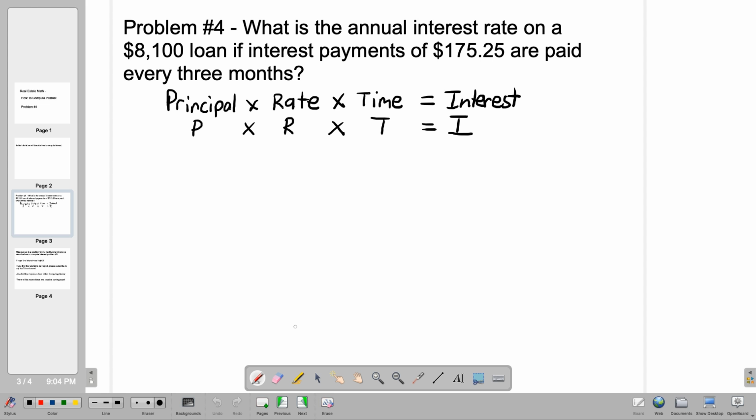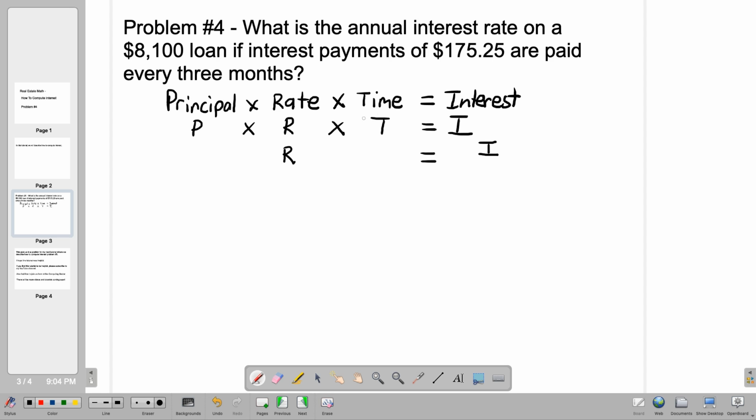Since we're going to solve for the rate, we want to keep the rate variable on one side of the equal sign. Since it already exists on the left of the equal sign, we'll start here, and we already have an I sitting towards the right.